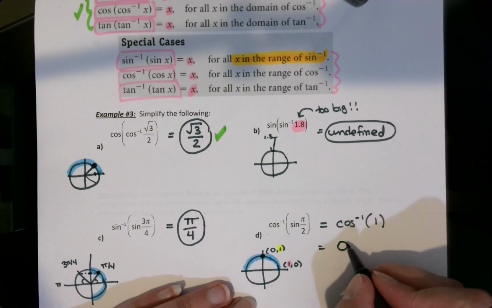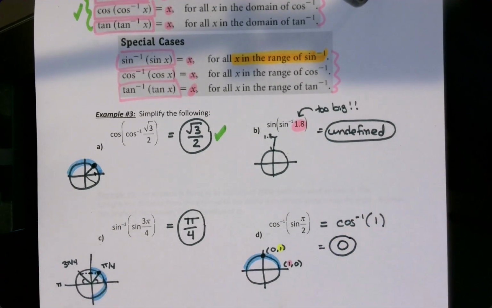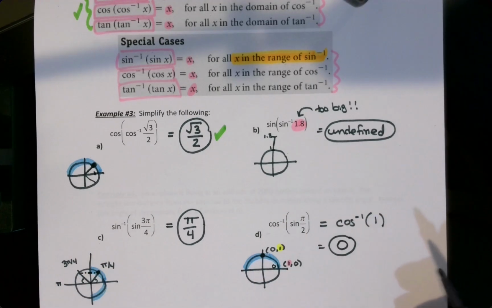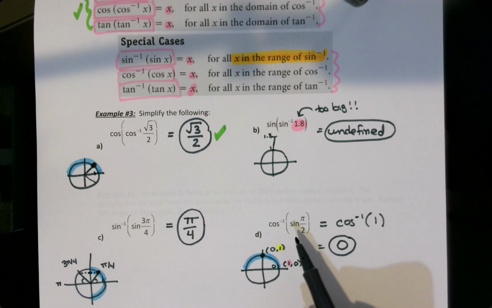So the answer to this one is going to be the angle 0. The arc cosine function outputs an angle, and the angle 0 or 2 pi or whatever, using the simplest notation, of course, is 0, is going to match up with the inverse cosine of the sine of pi halves.